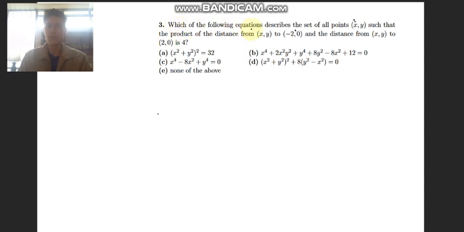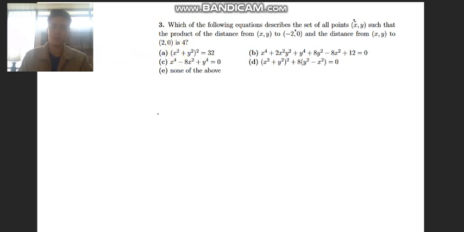Which of the following equations describes the set of all points (x, y) such that the product of the distance from (x, y) to (-2, 0) and the distance from (x, y) to (2, 0) is 4? We take one point and the distance to another point, and multiply it by the distance to a second point.